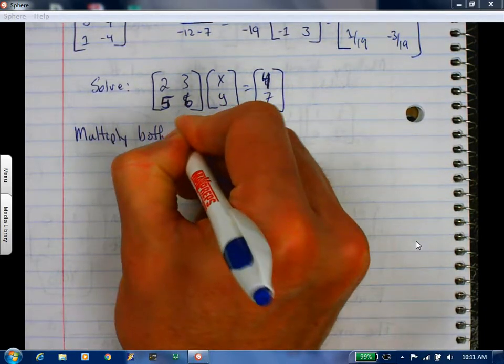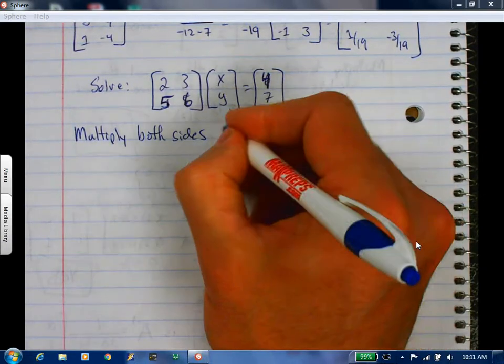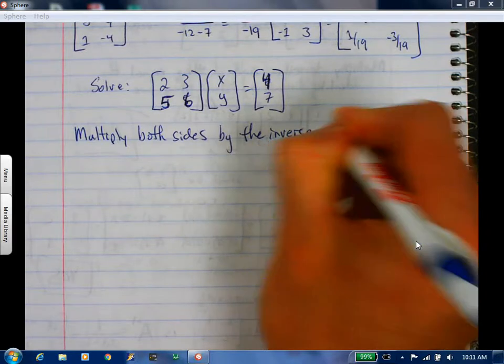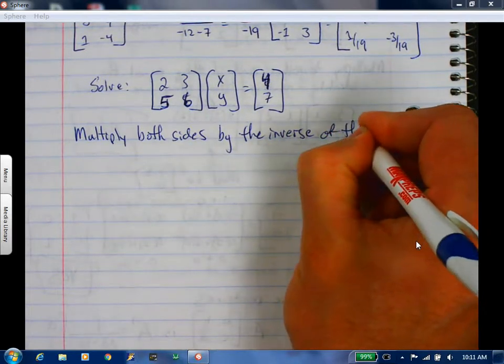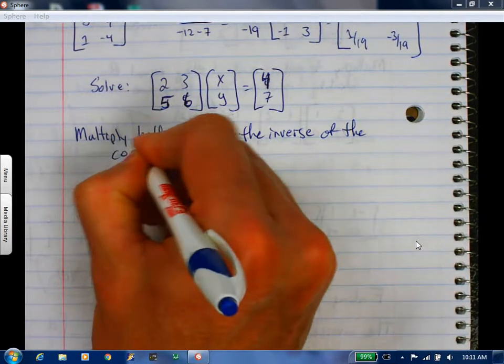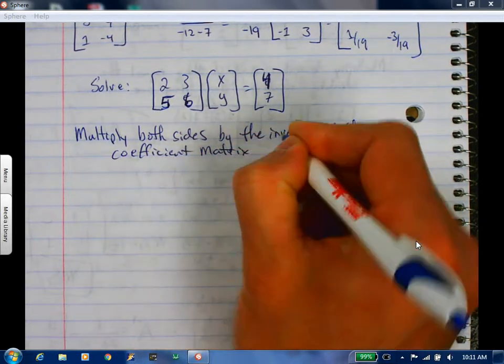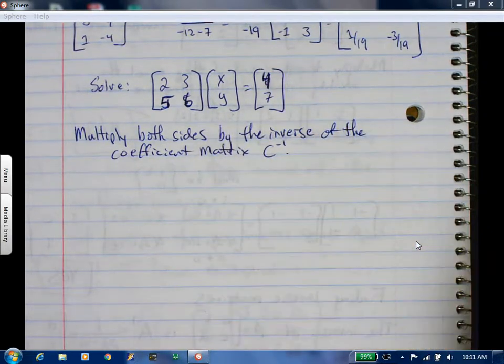Okay, so we're going to multiply both sides by the inverse of the coefficient matrix. Now, I thought we would have already figured this out, but I gave you the wrong numbers earlier.